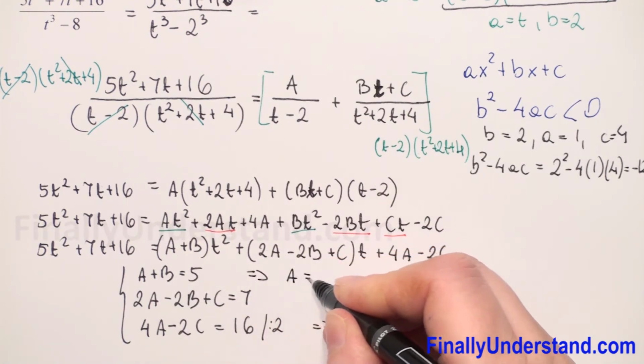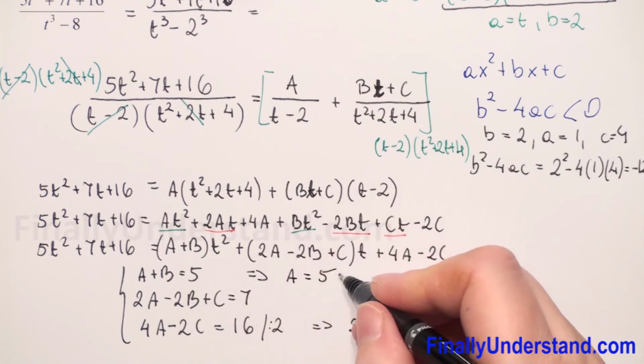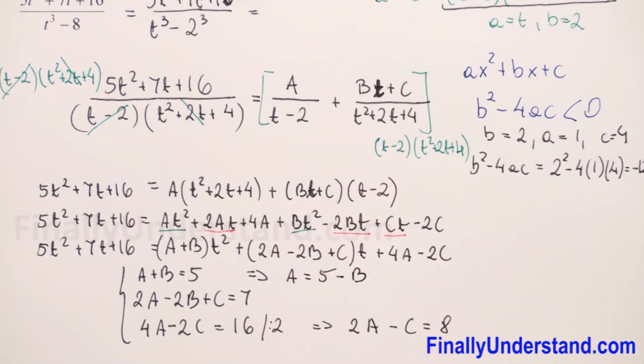So a is equal 5, b I will move to the other side, so now negative b. Now we can substitute to the second equation a, and from the last I will find c. I will move c to the right side, 8 to the left side, so it will be 2a minus 8 is equal c.